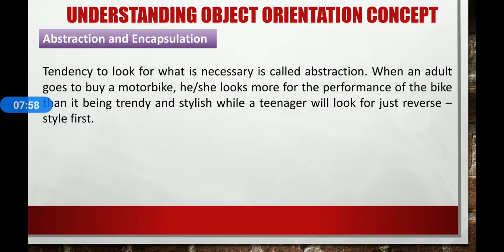When an adult goes to buy a motorbike, he or she looks more for performance, like fuel consumption of the bike, than it being trendy and stylish. While a teenager will look for just style first. So the two people look for different details in the same object. This is abstraction. We see what we want to see.